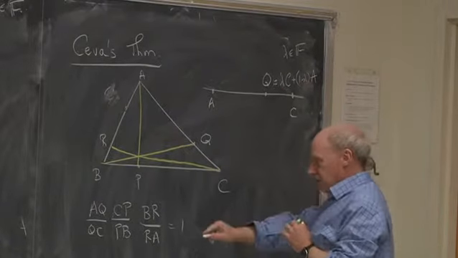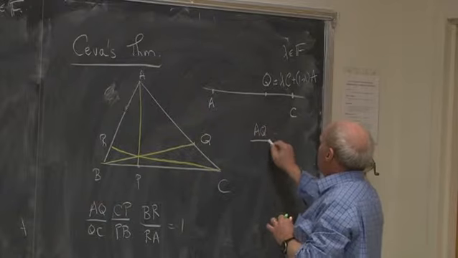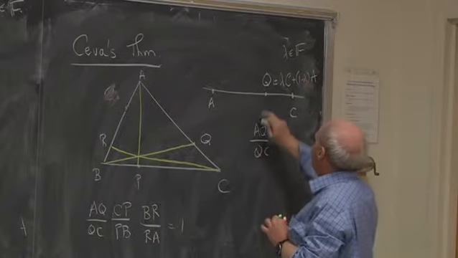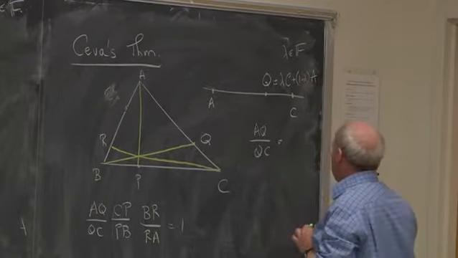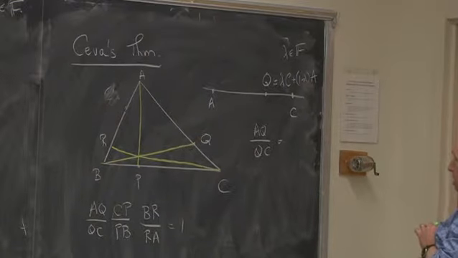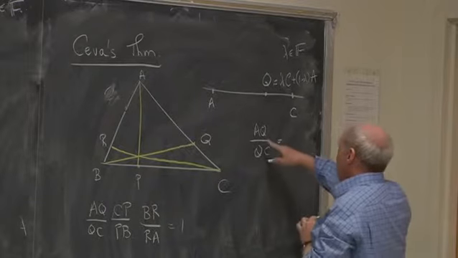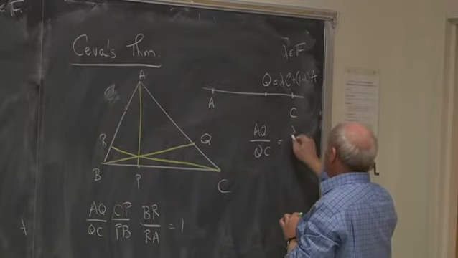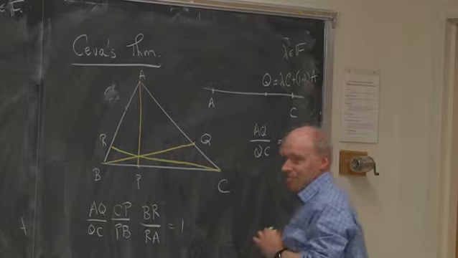And so this ratio, AQ over QC, is equal to what? Lambda very small means that we're very close to A, and so that would be small. So it's lambda over 1 minus lambda.